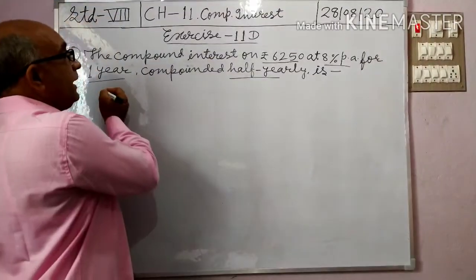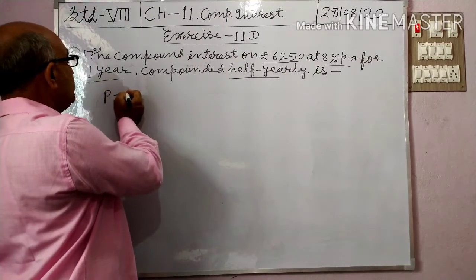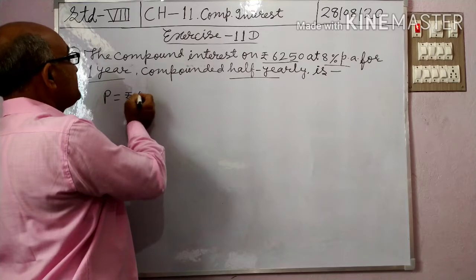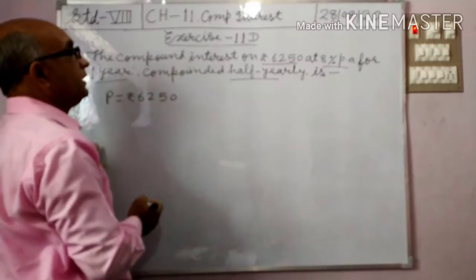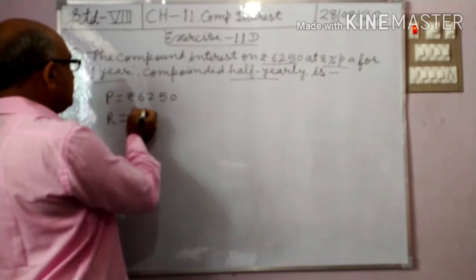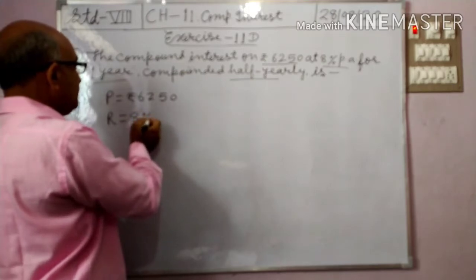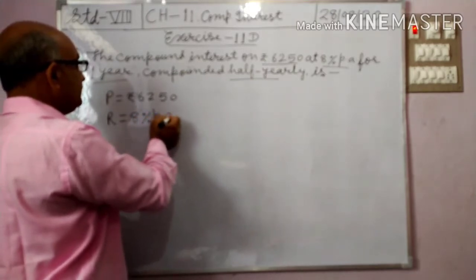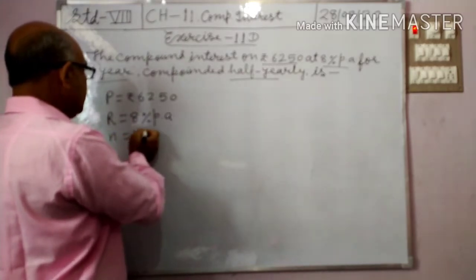Here given P equal to rupees 6,250, R equal to 8% per annum, N equal to 1 year.